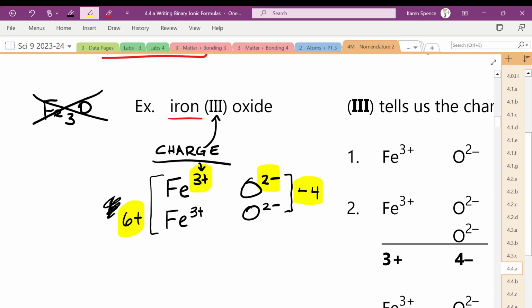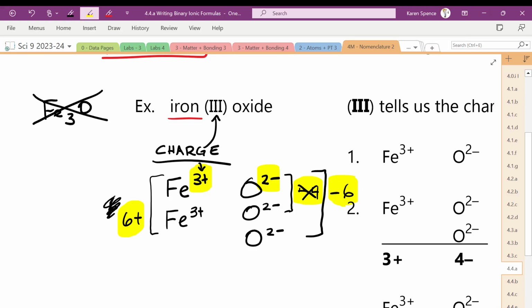No, I need more negative. So we're going to put another oxygen. And now, what's the total negative charge? -6. Oh my gosh, look, positive and negative equal.